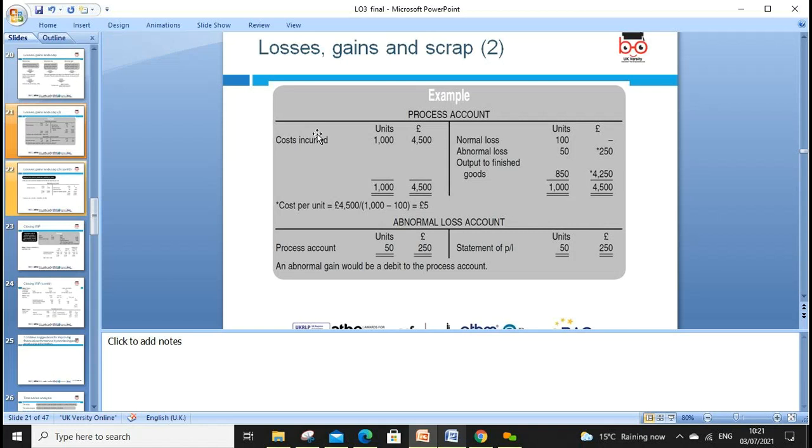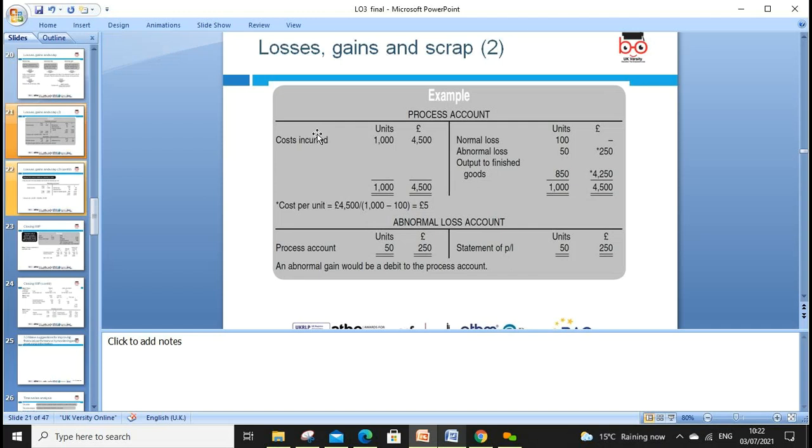But in actual output, finished goods, we have 850. So in a nutshell, we have a loss of 150 units. 100 we were expecting, which we embedded, because we said the cost is 4,500 and the output should be 900 from this input.